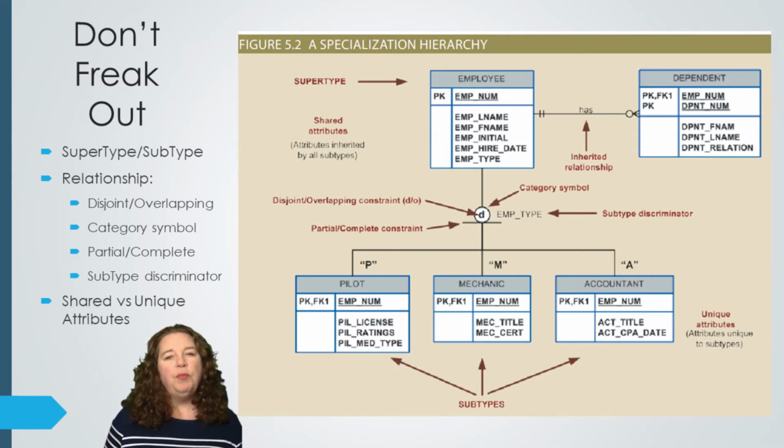So you can see how we've broken out into subtypes of our tables to allow us to organize. I want to keep my pilots here because I need certain pieces of information for them, but I want to keep my accountants over here because I need other information for my accountants. I don't need to put all of these fields into one table. I can split them out. Okay, let's go describe what all of these extra little pieces mean.